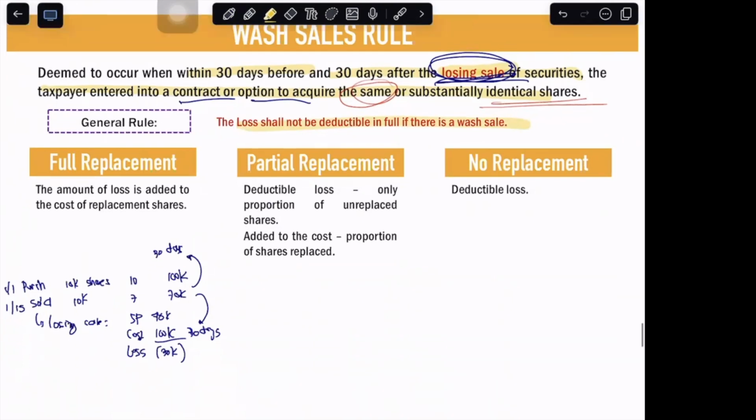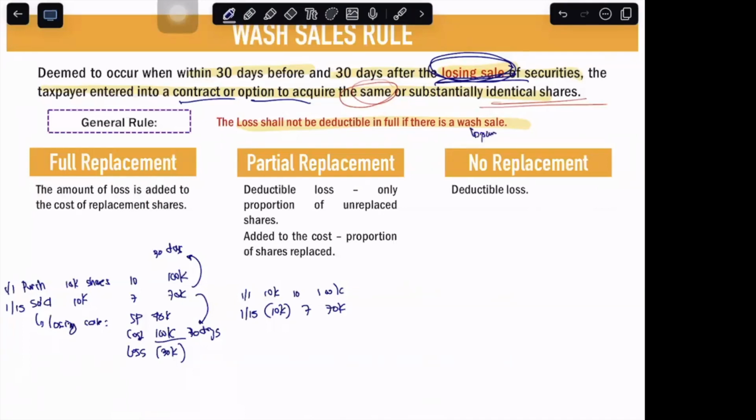So for example, here, we purchased on January 1 10,000 shares for 10 pesos, 100K. We sold on January 15 the 10,000 shares for 70K. You need to look if there is a wash sale. What is the wash sale? It is any purchase of the same shares within the 30 days before or 30 days after.